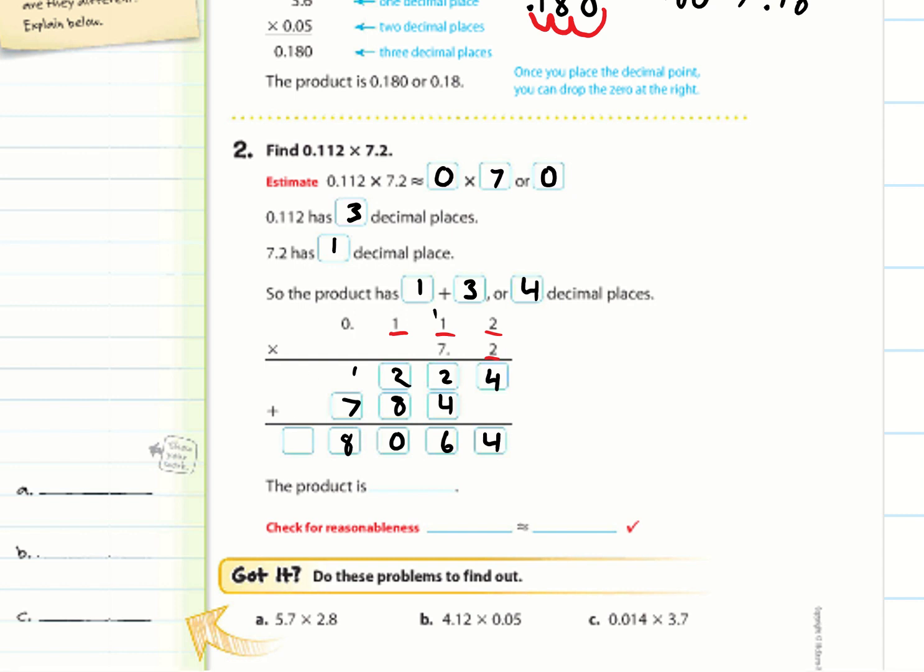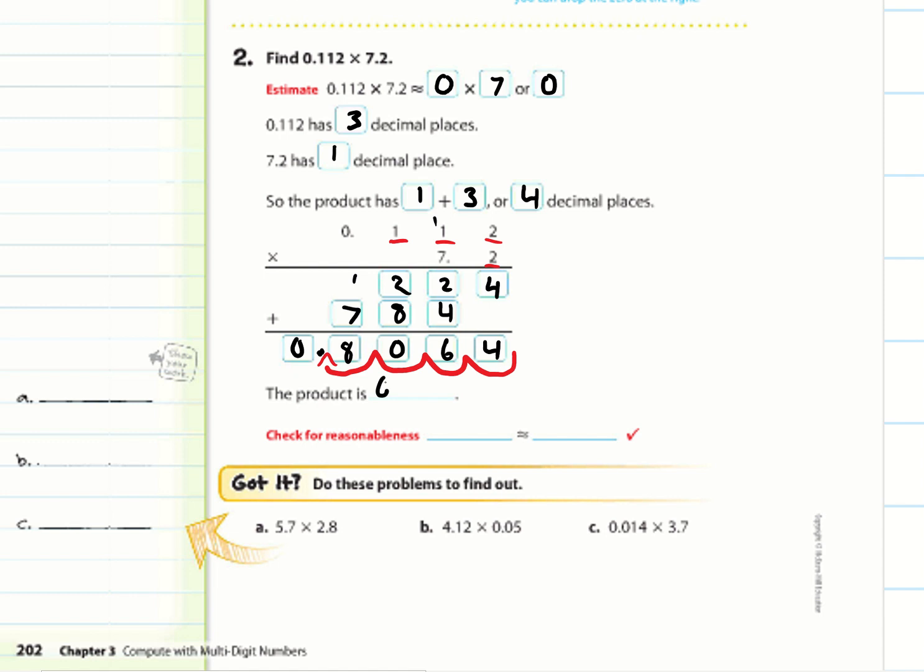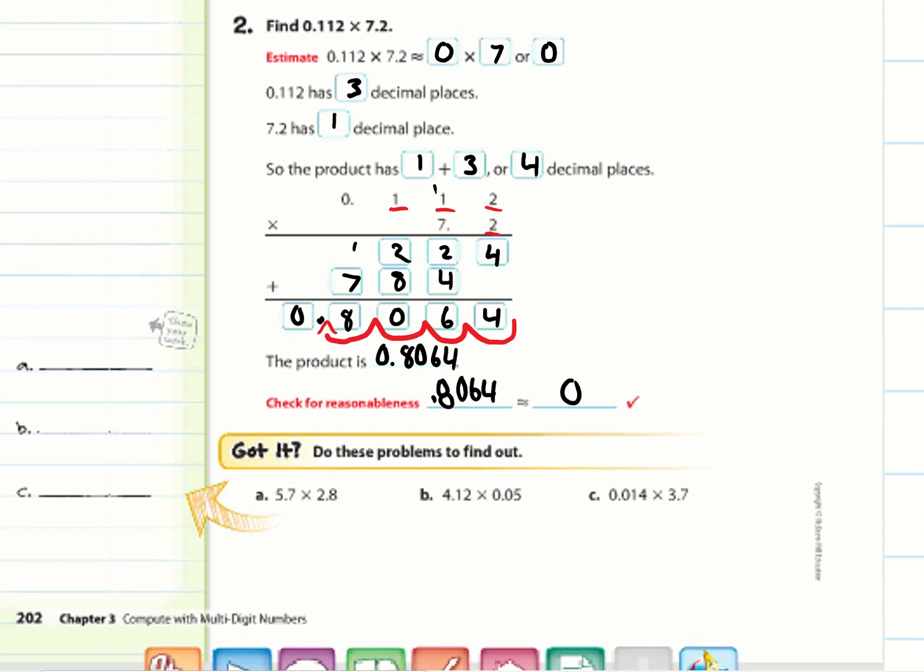And then we need 4 decimal places: 1, 2, 3, 4. So we're going to have a decimal right here, and then we can just fill in the last as 0. So the product is 8064, in the ten thousandths place. And we check for reasonableness. Is that close to 0? Yes. So we're going to check that and say that is correct.